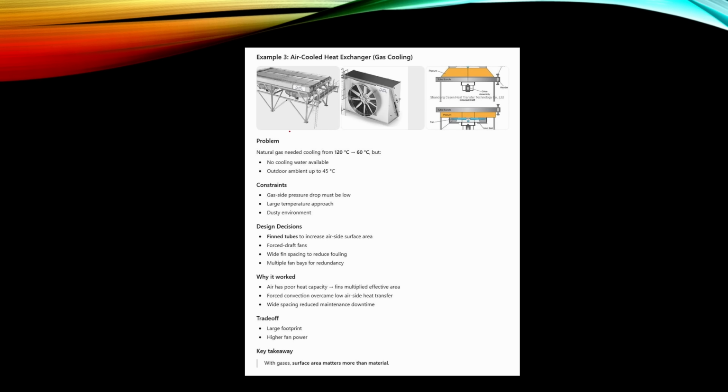In this example we need to cool down natural gas from 120 degrees C down to 60 degrees C. We used a finned tube heat exchanger, and we have fans here to increase air velocity, and if we have dust particles we need to select the spacing of those fins so that cleanup is easy.